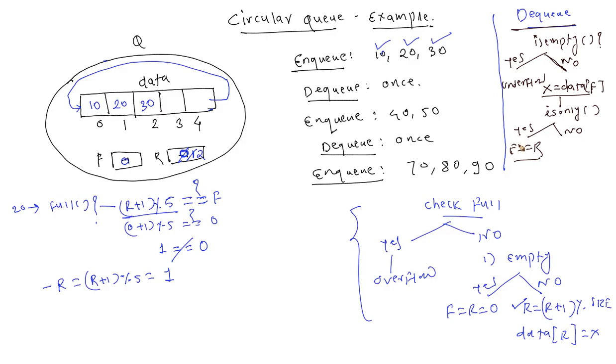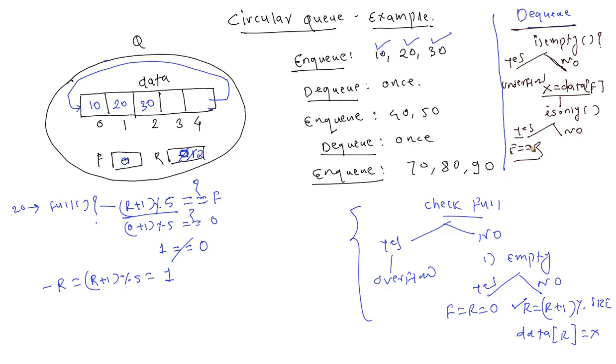F and R will be the same in only two cases. When the queue is empty, that is F will be -1, R will be -1. In the other case, F and R will be the same when there is only one element. So F and R will be equal in two cases: first, the queue is empty, other, there is only one element in the queue. We already made sure the queue is not empty, that's why the -1 possibility is not there.